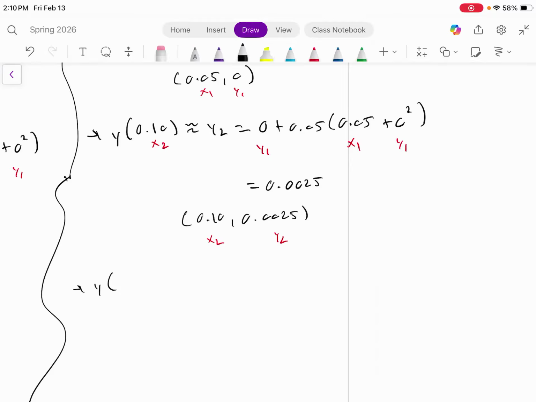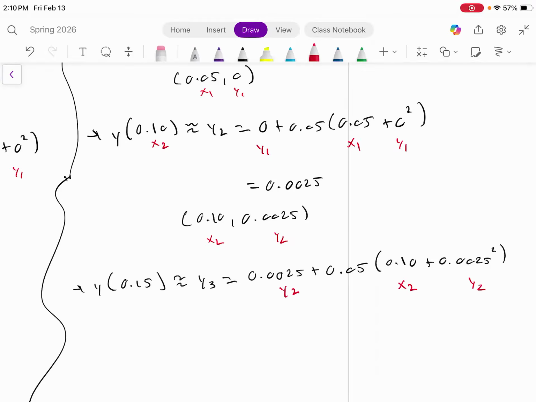So now increase the step size. So 0.10 plus 0.05 is 0.15. So that's going to give us our y3, and that is going to be 0.0025 plus 0.05 times 0.10 plus 0.0025 squared. Okay, and we'll do it again. What numbers are these? Well, this is our y2, x2, and y2.